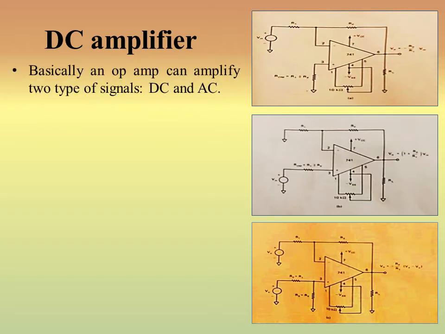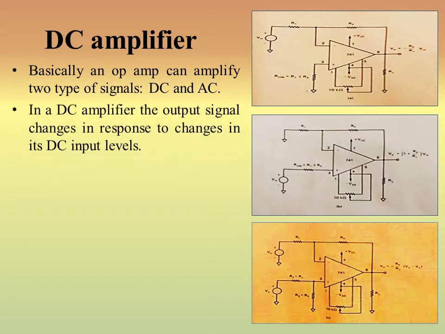So basically operational amplifier can amplify both types of signals, DC and AC. So we are discussing DC. The DC amplifier, what do you mean by DC amplifier? The output signal changes in response to changes in its DC input levels.